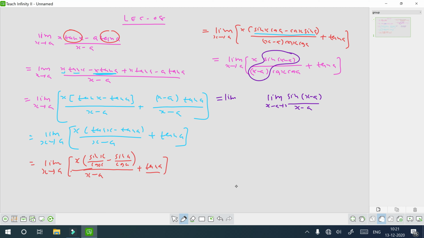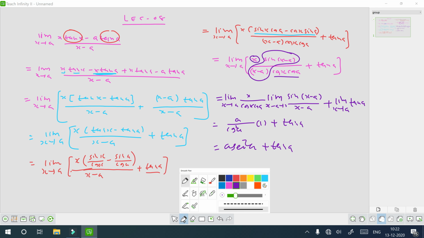Remaining terms as they are, give the limit to those terms. From the numerator x is there, from the denominator cos x cos a, plus the limit of the last term. You can write directly tan a also because it is a constant term and the limit of a constant term is the constant. So that is a over cos square a into 1 plus tan a. So that is a sec square a plus tan a.